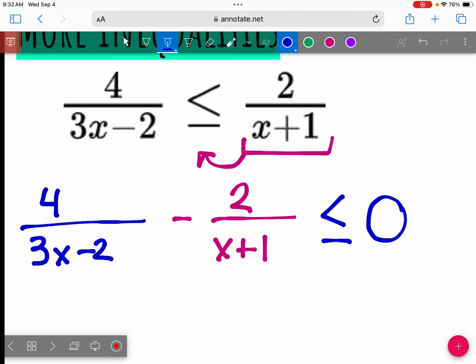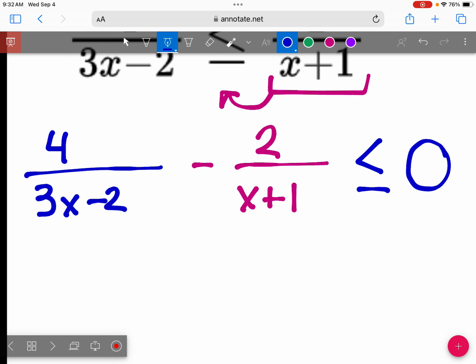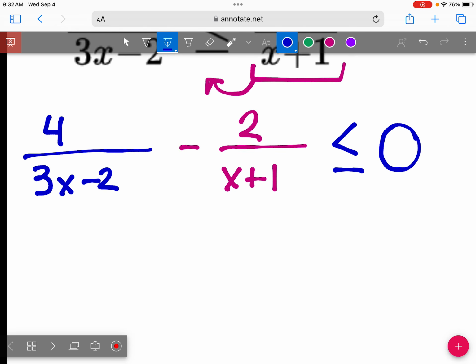What were you thinking? What can we do here? Common denominator so that we can subtract them.